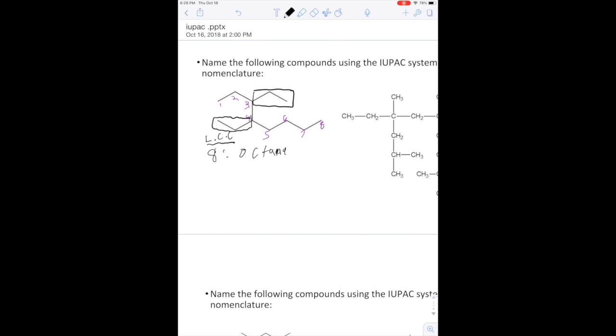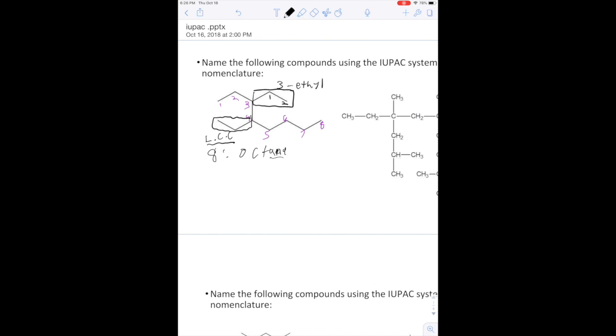What type of substituent is this? Well, there's 2 carbons off of it. So for your substituents, all your substituents are going to end with YL. So instead of this being ethane, this will be ethyl. But since this is the longest single carbon chain, this will not be octyl because it's not a substituent, but octane.